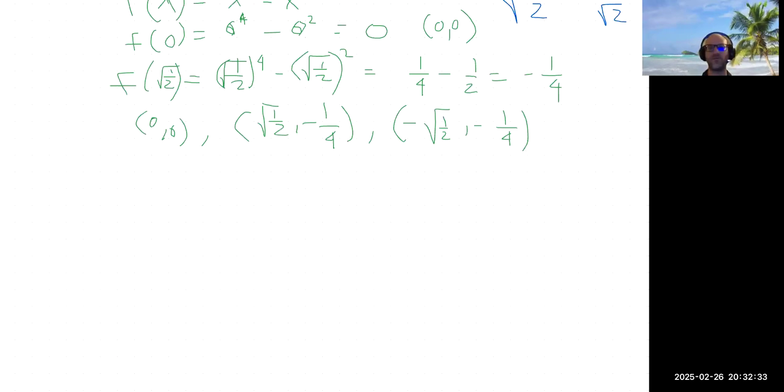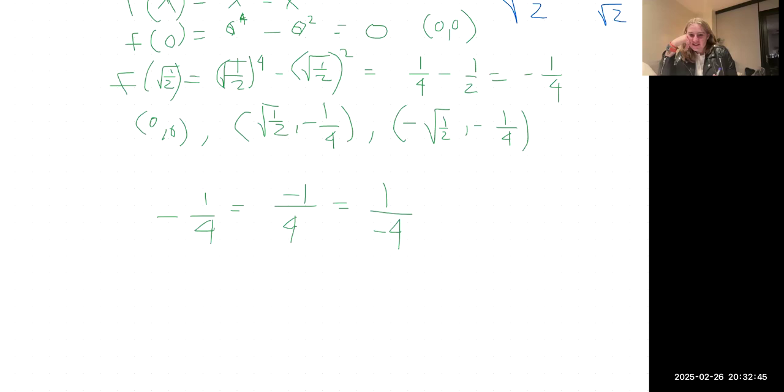Because -1 over 4 is the same thing as a -1 divided by a +4, which is also the same thing as a 1 divided by a -4, because a positive divided by a negative is the same as a negative divided by a positive, which is a negative result. Forget about fractions for a second.